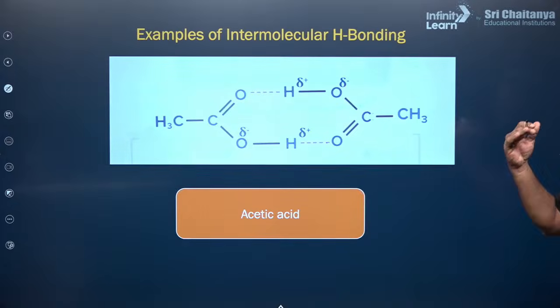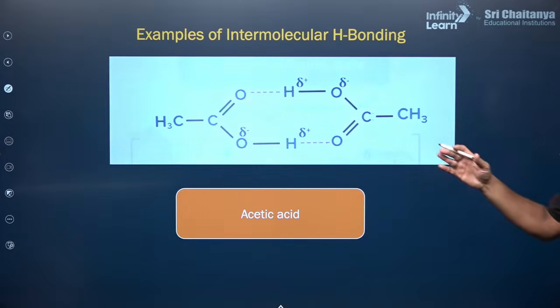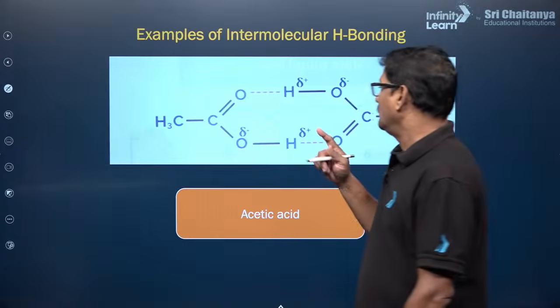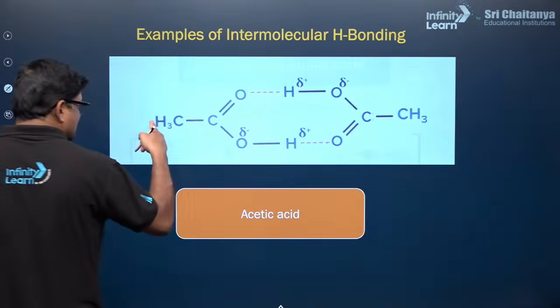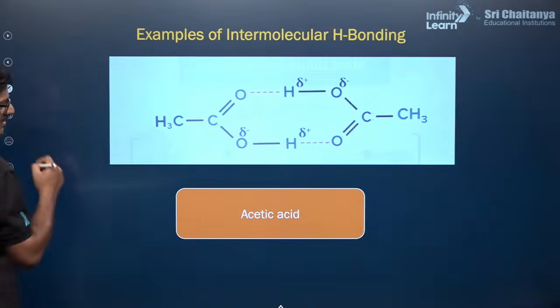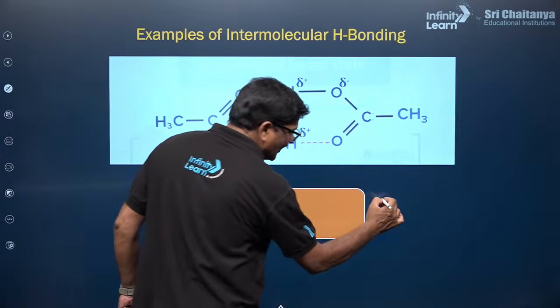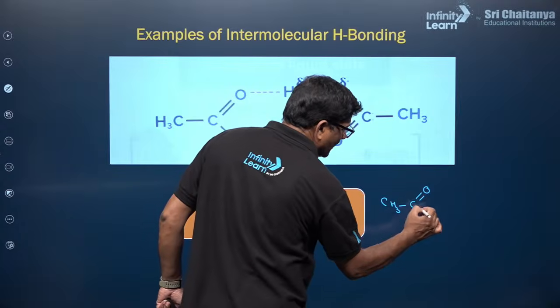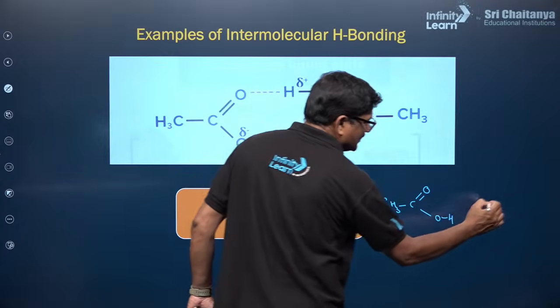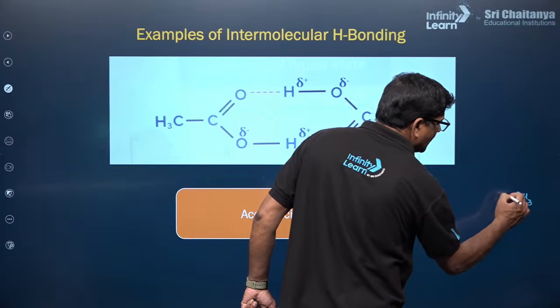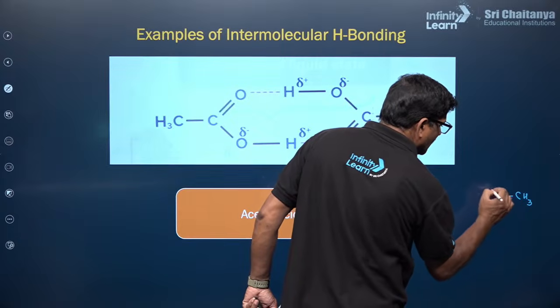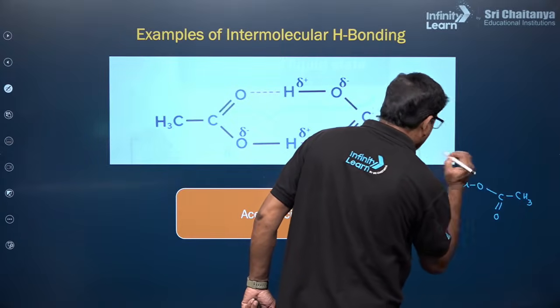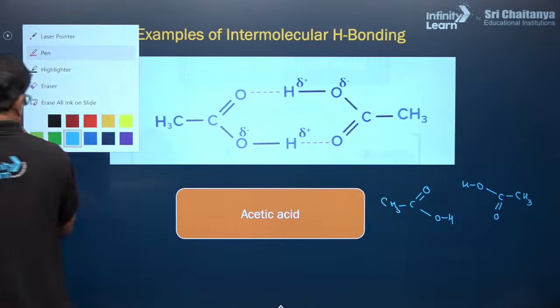An example of intermolecular hydrogen bonding is acetic acid in the solid and liquid state. CH3, C double bond O and OH, and CH3, C double bond O and OH, and there is intermolecular hydrogen bonding.